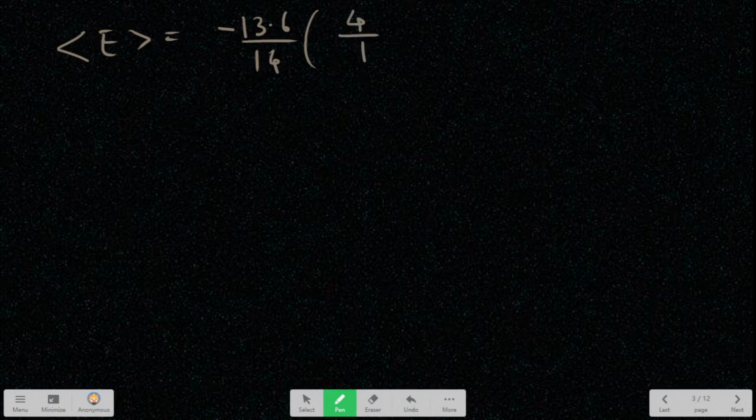Therefore, expectation value of E is equal to, you can take minus 13.6 by 14 common, and inside we will have 4 by 1 plus 9 by 4 plus 1 by 9.